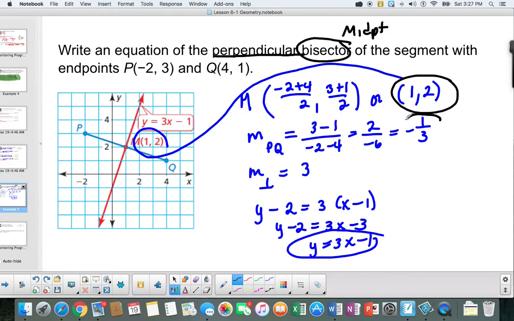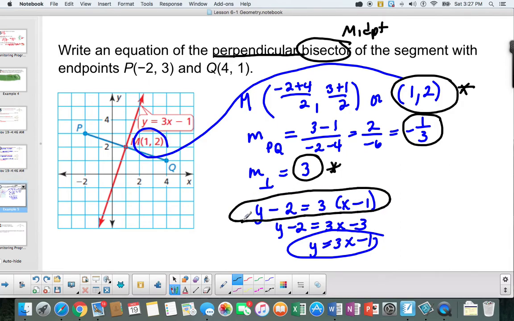I find the slope of PQ, but the slope of the perpendicular will be the opposite reciprocal. So I go ahead and use the slope that I want, which is this one, and I use my midpoint, and I go ahead and put it in point slope form.